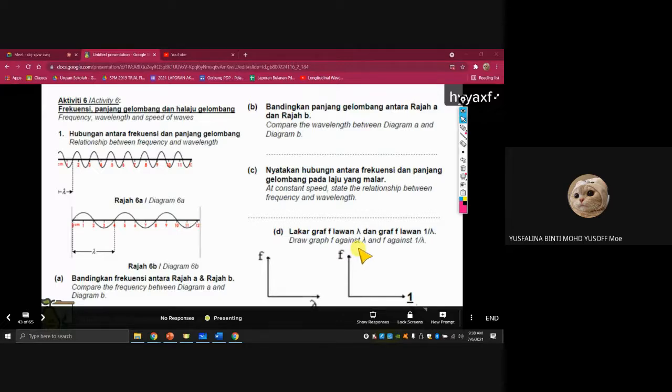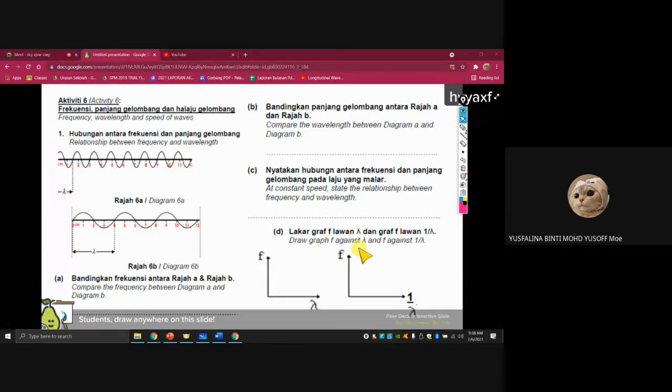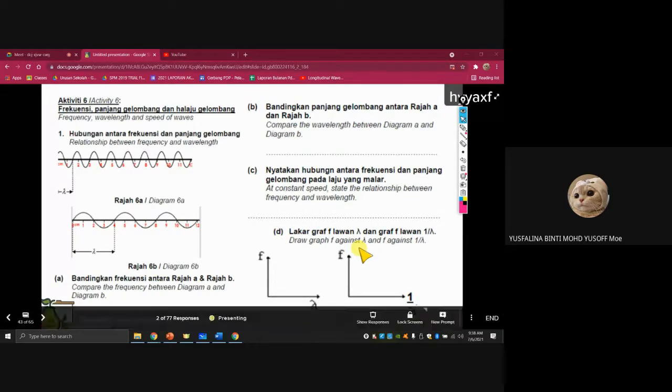You have to compare the frequency, compare the wavelength, state the relationship between frequency and wavelength, and then draw the graph.